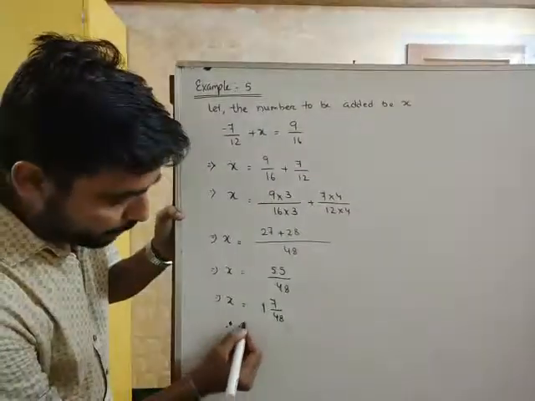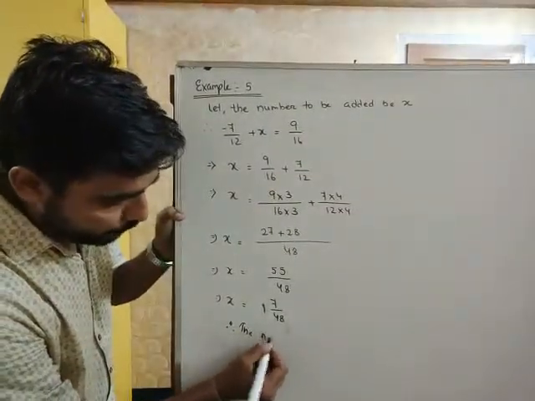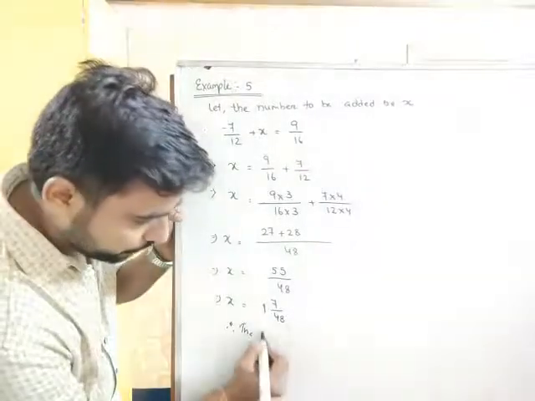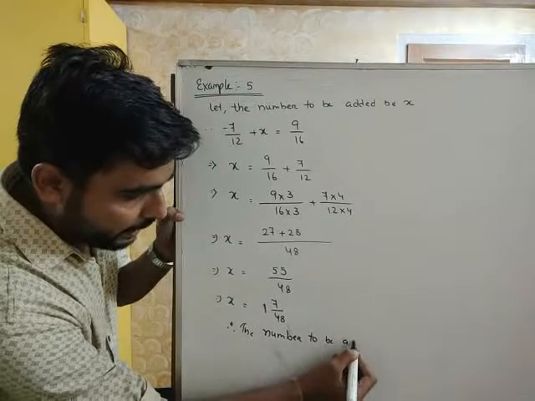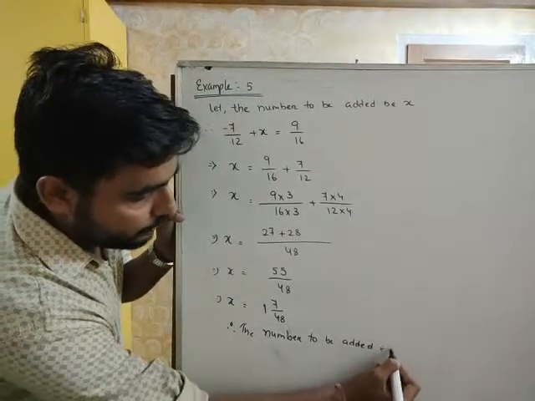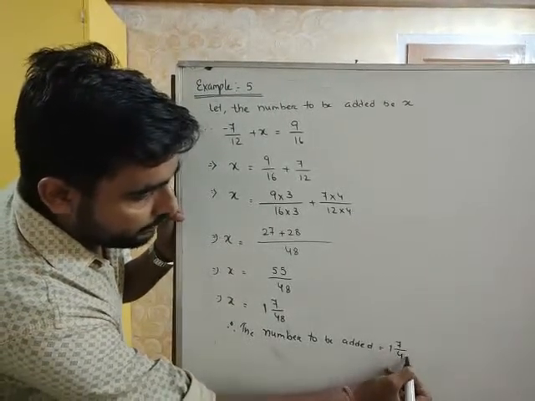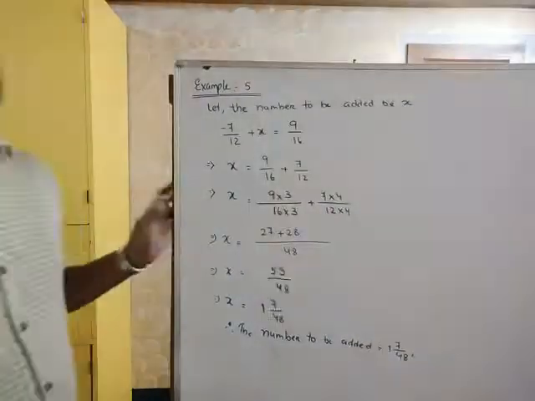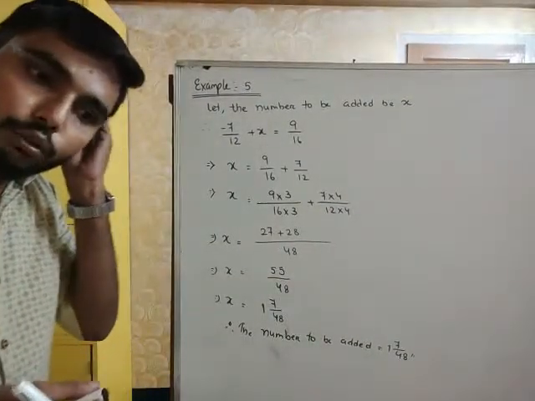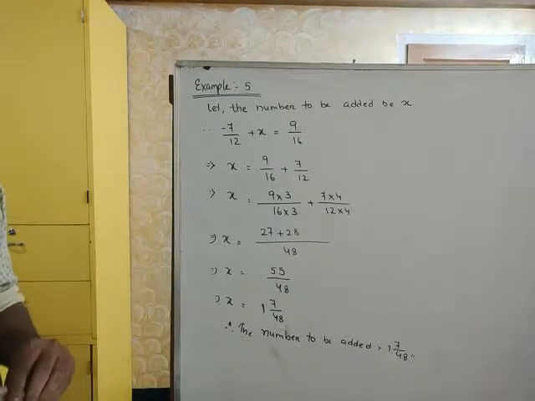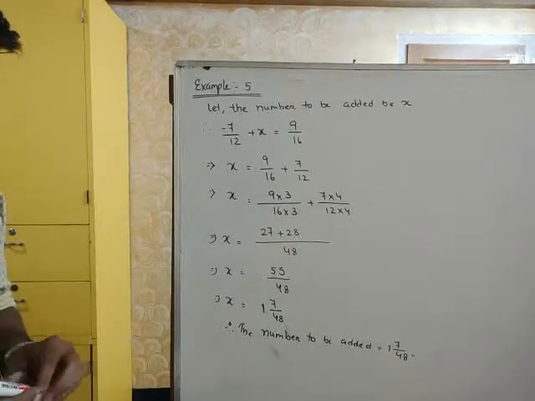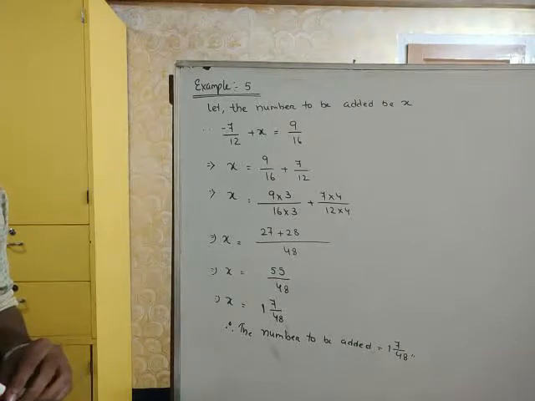Therefore, the number to be added is equal to 1, 7 by 48. Any doubt with this example? Is there any doubt?